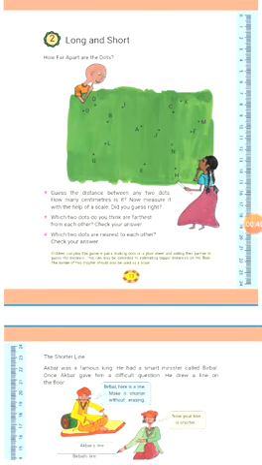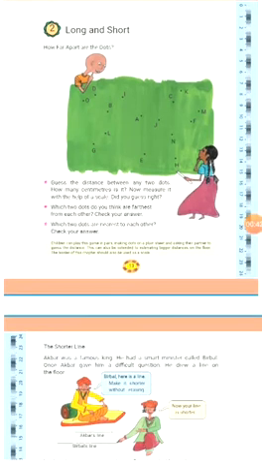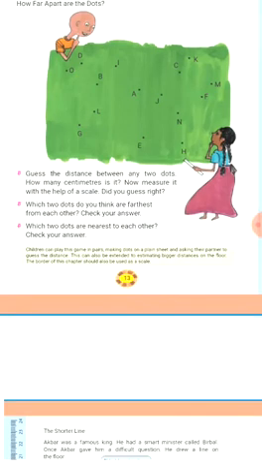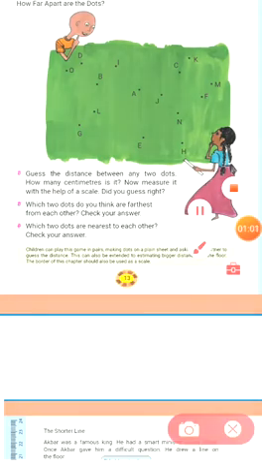Now the first question is: guess the distance between any two dots. How many centimeters is it? Now measure it with the help of a scale. Did you guess right? So what is this question saying? It says to measure the distance between any two dots. Let's suppose, between A and B, what is the distance?